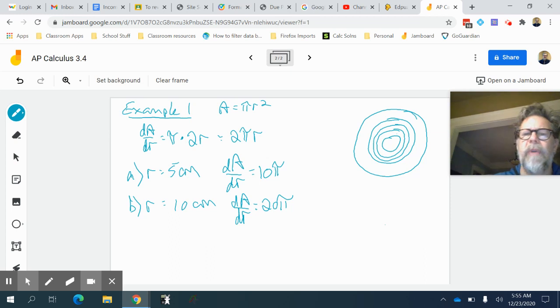And of course, if you go back and look at the tree ring problem, what you discover is that we know the rate of change of area is going to be a constant for that tree. Each year, it generates the same amount of area.